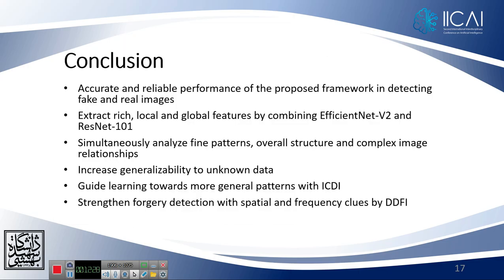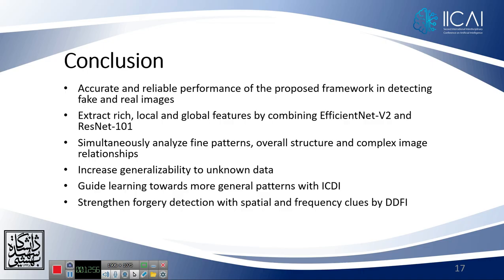At the end, we can conclude that our method outperforms all comparable state-of-the-art methods. It extracts rich local and global features by combining two pre-trained CNN-based models at the same time in parallel.